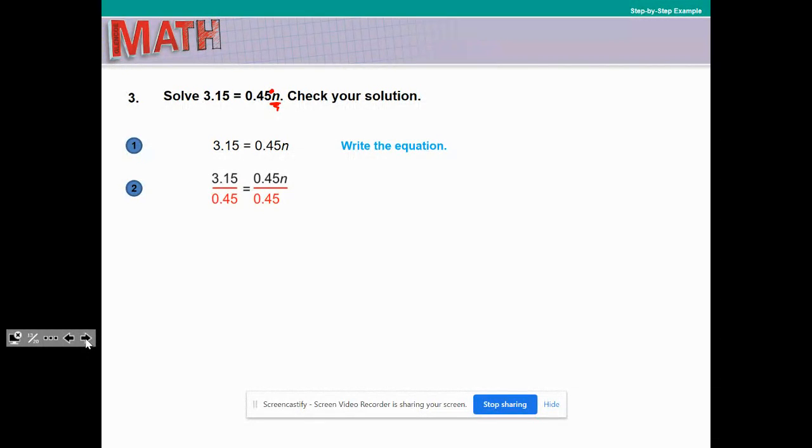So we write the equation. Then we divide by the coefficient. And you can use a calculator, guys. Just calculate this. How would I type that in? I'd say 3.15 divided by 0.45 in your calculator. It'll pump out the answer, and that answer is 7. 7 equals n. I like to slash those out when I cancel them out. It makes me feel good.